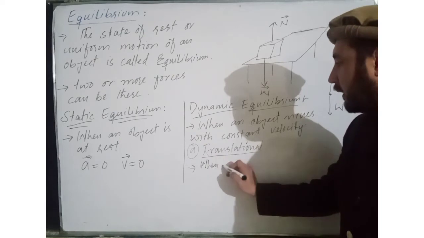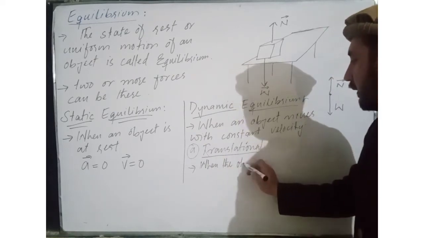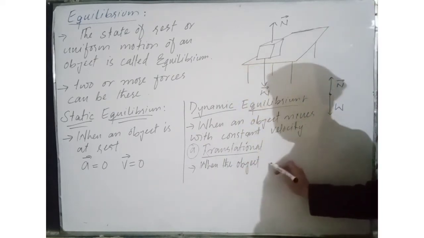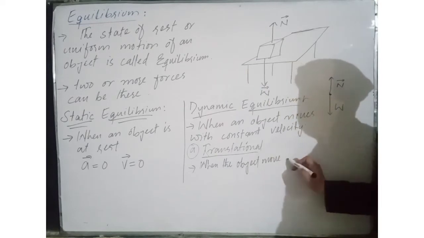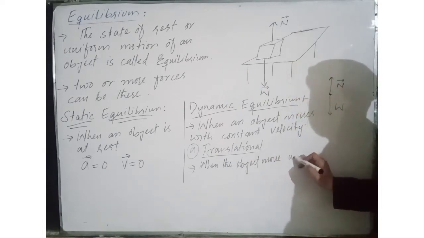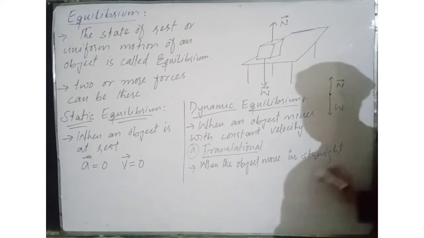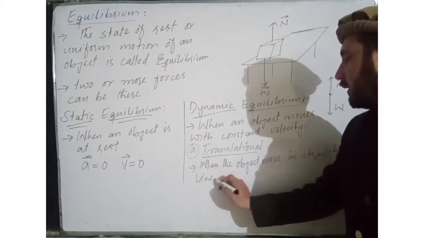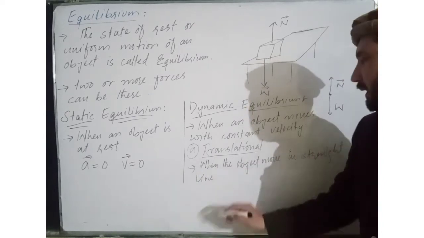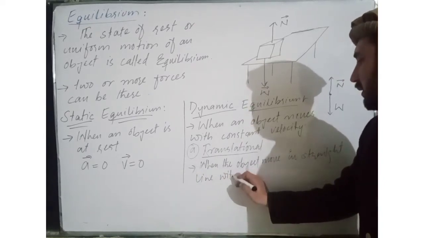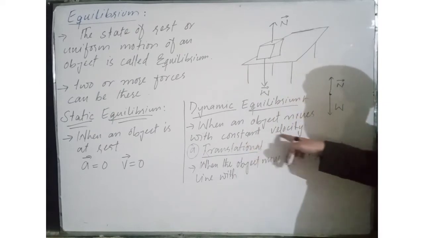When the object moves in a straight line, or the motion is linear with uniform velocity, the velocity has to remain constant.